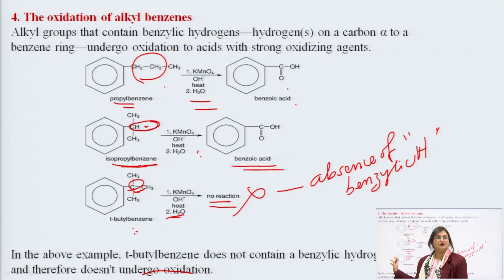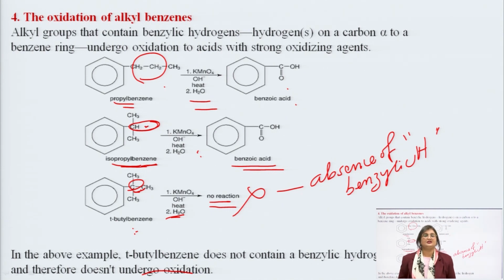So, this is how oxidation of alkyl benzene works, that is, an alkyl group that contains benzylic hydrogens, or hydrogens on a carbon alpha to the benzene ring, undergoes oxidation to form the corresponding carboxylic acids only in the presence of a strong oxidizing agent.